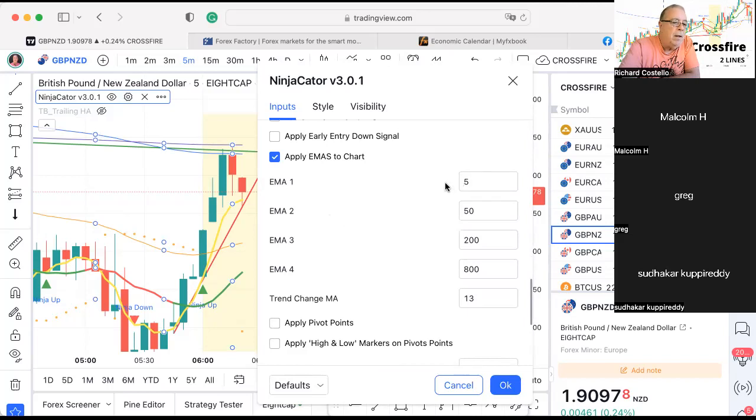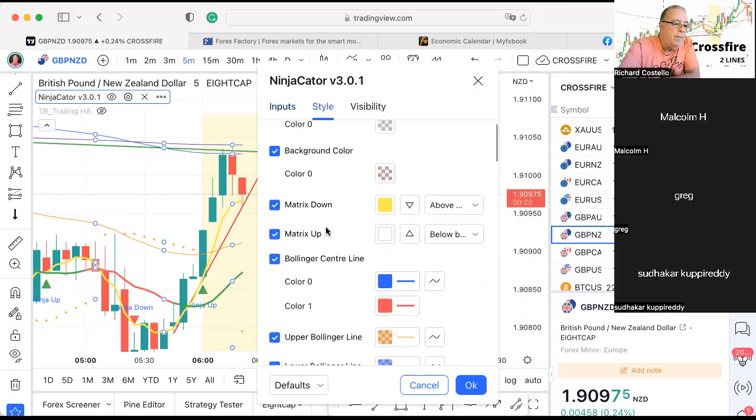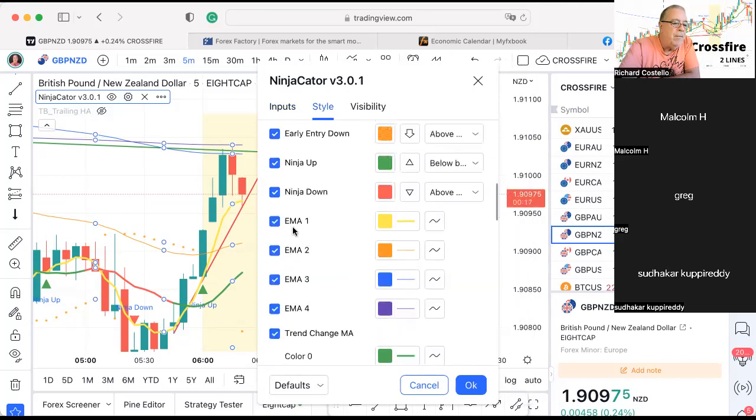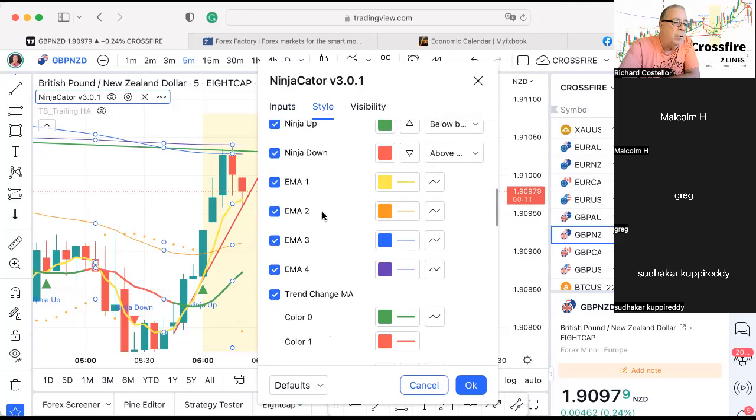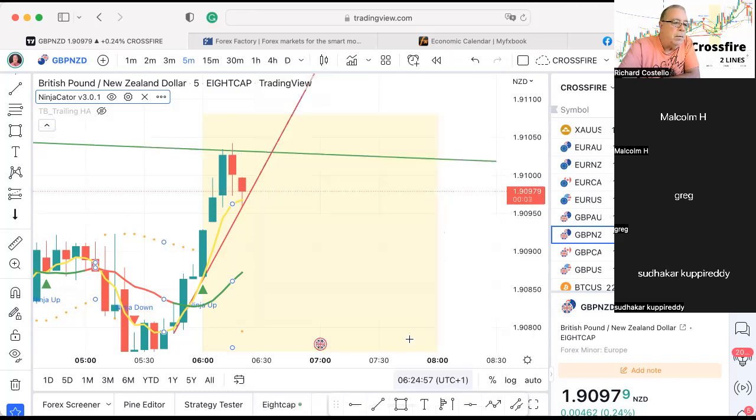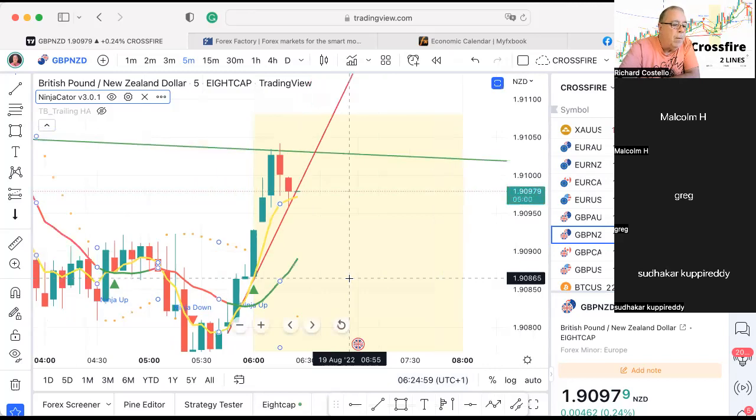The 2 that I'm focusing on right now is EMA 1, which is a 5, and then the trend change EMA, which is a 13. I'm going to go to the style, and you'll see that I've got the 5. The 5 EMA is the yellow line, and the trend change is the one that changes from red to green. So I'm going to temporarily remove the 2, 3, and 4, and just focus on those 2 now.